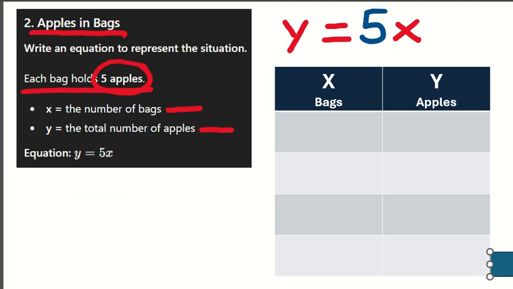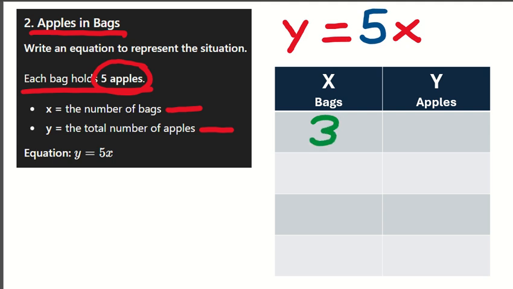So let's go ahead and plug in some values and see if we can come up with a few different situations. Let's say that I have 3 bags of apples. Should I use a different color? Let's use green because I love green apples, you guys.